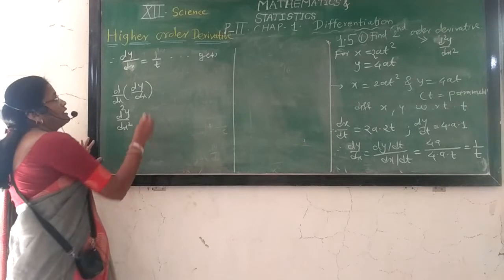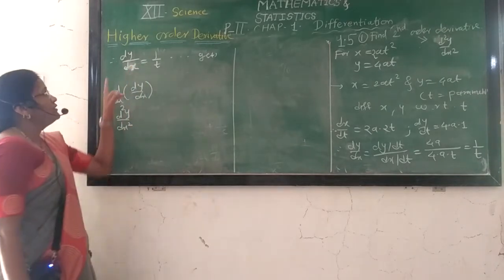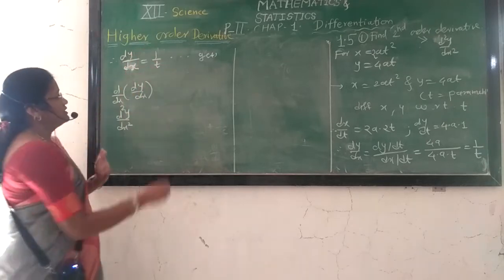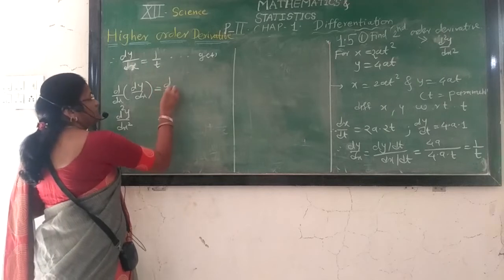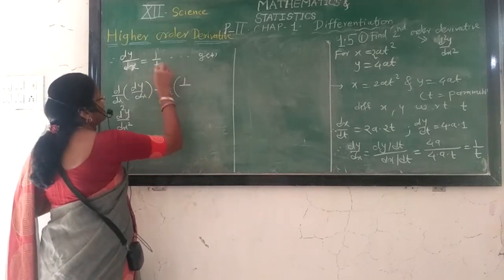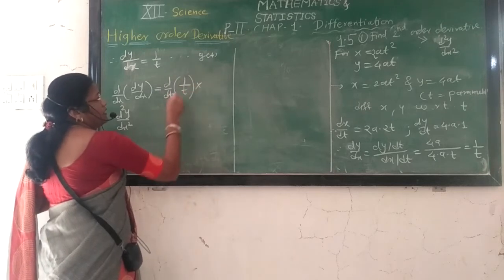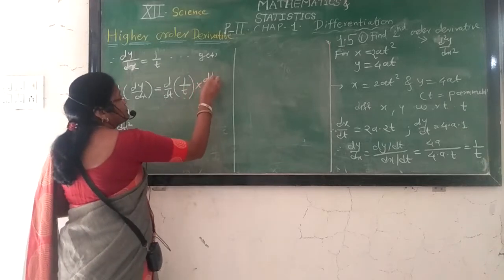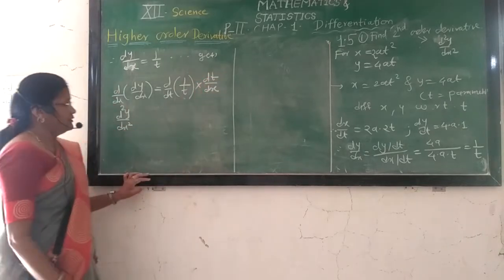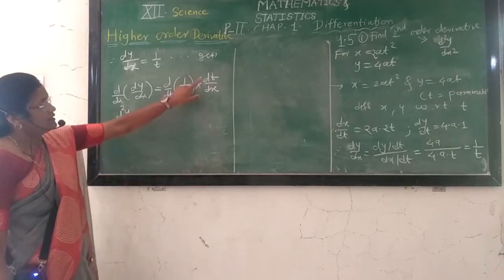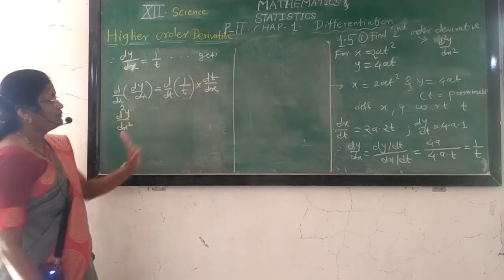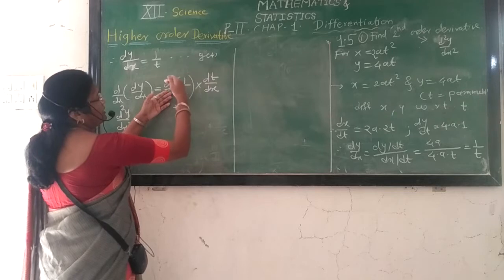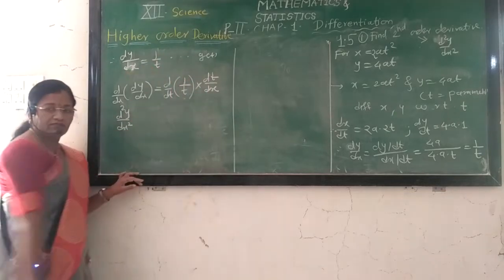And for this case, as in a parametric function, we take the first derivative in terms of its variable, then we can differentiate with respect to that variable, means d by dt of dy by dx, and adjust this differentiation with respect to the parameter by multiplying the reciprocal of dx by dt. As we find dx by dt, its reciprocal is dt by dx, that can be multiplied. So see here, in terms of the ratio, dt and dt are cancelled out. We take d by dx of dy by dx, that value is 1 upon t.